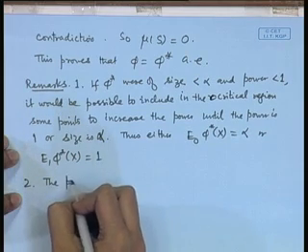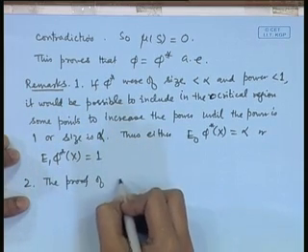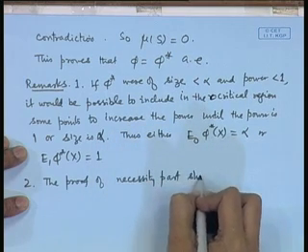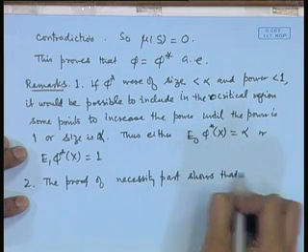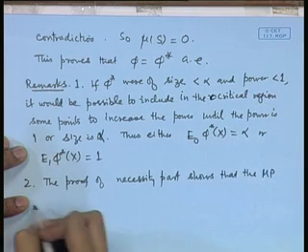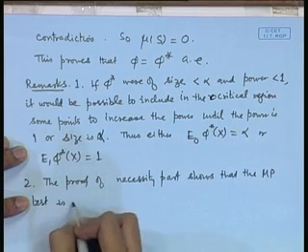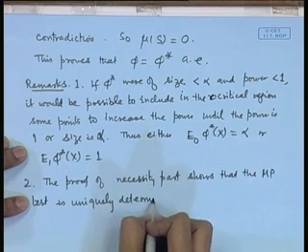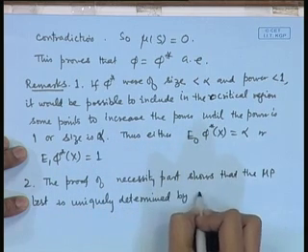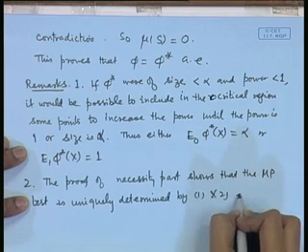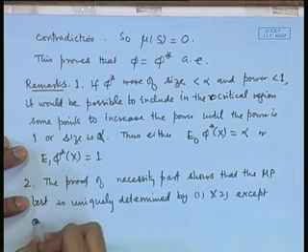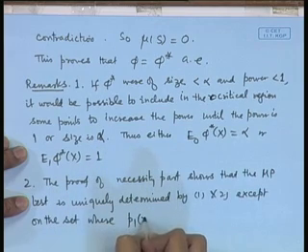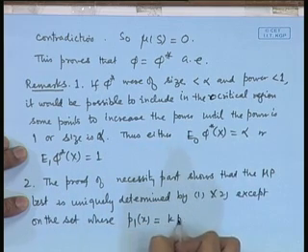The proof of the necessity part shows that the most powerful test is uniquely determined by 1 and 2 except on the set where P1 x is actually equal to k P naught x.